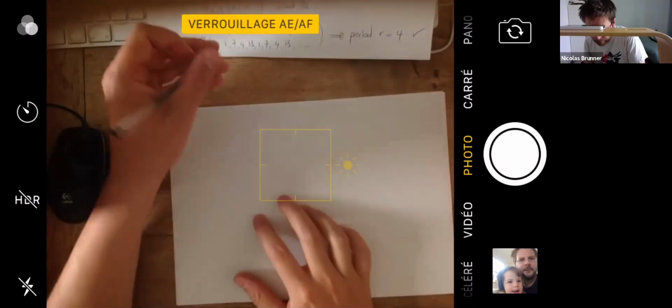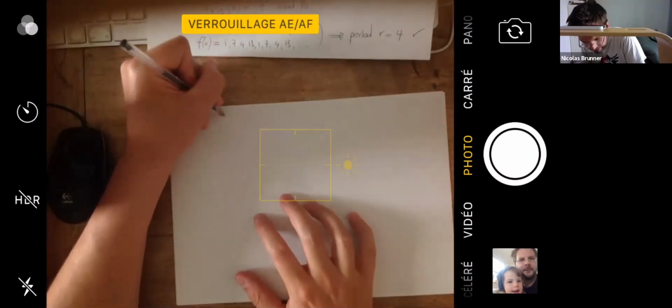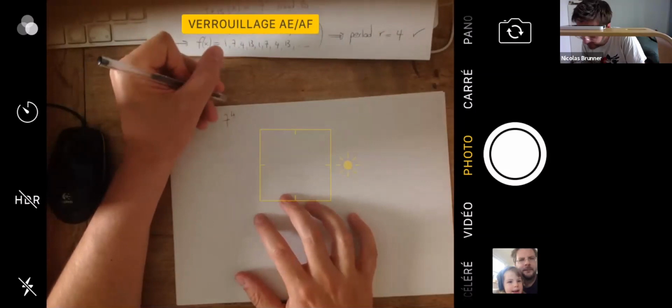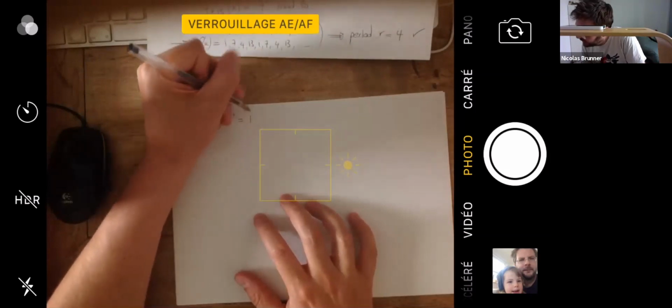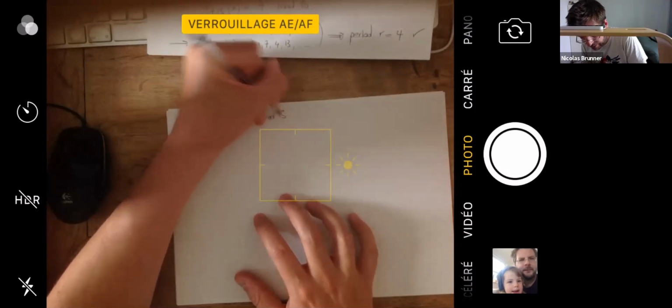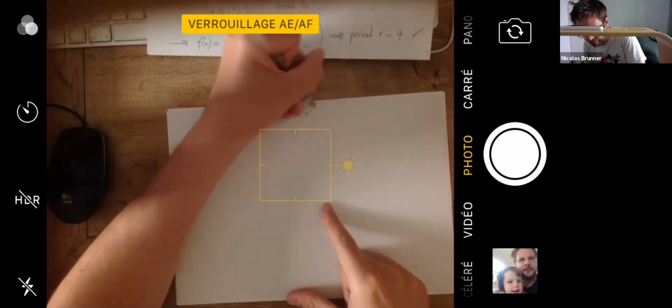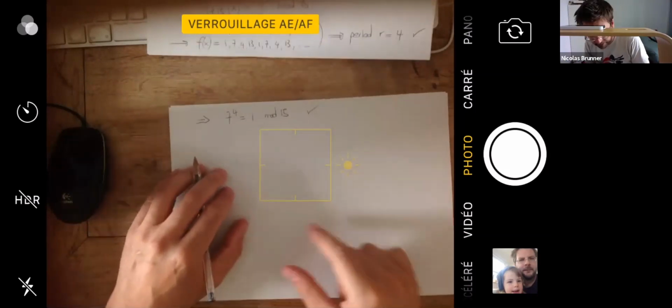So then we have that 7 to the power 4 is equal to 1 mod 15. This is another condition that we needed, and we have it.